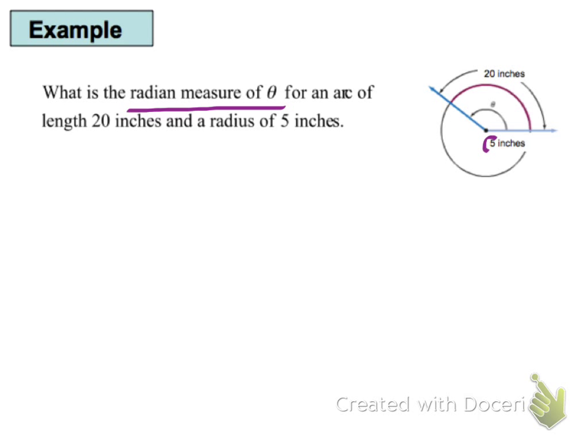Since my radius is 5 inches, I want to know how many of those 5 inches are in 20. Let's split 20 into groups of 5: 5, 10, 15, and then 20. So it takes 4 radiuses to make up that angle theta. In terms of radians, theta is 4 radians.